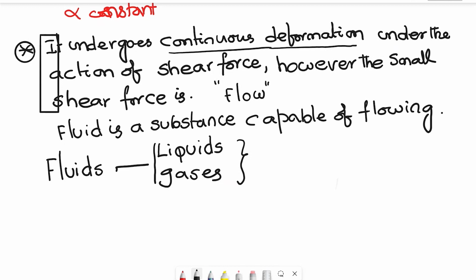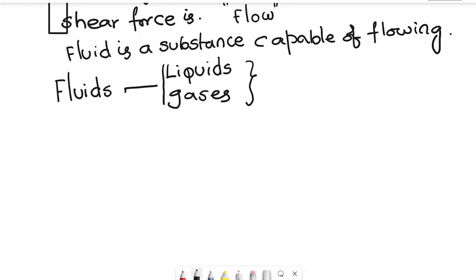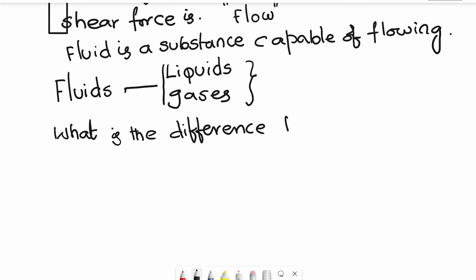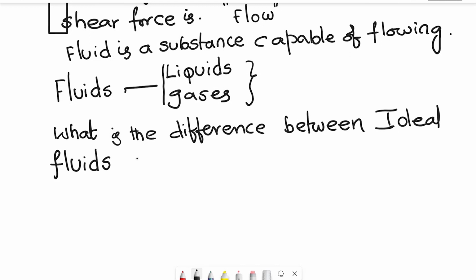Again, one important thing at the beginning itself, you should know, that is the difference between ideal fluid and real fluids. This is a very important thing that every one of you should know.